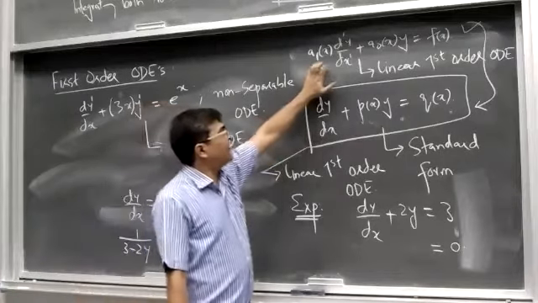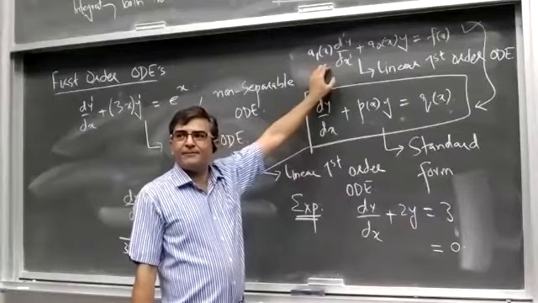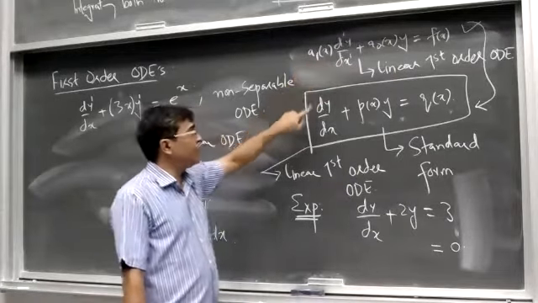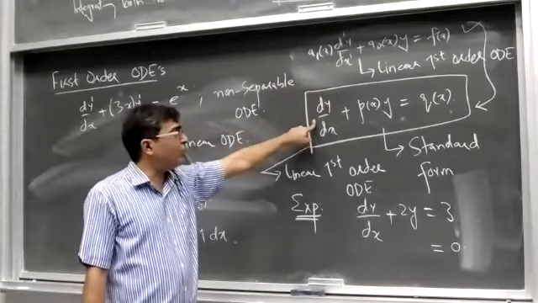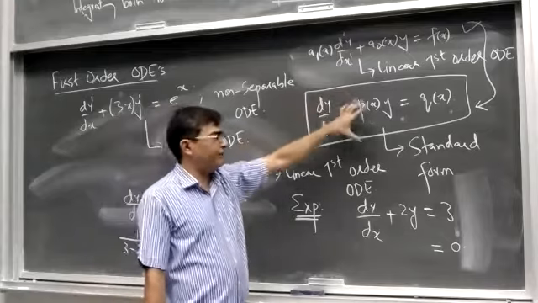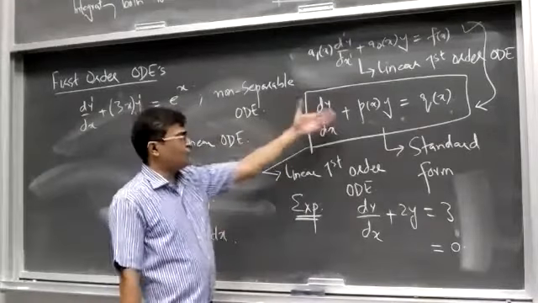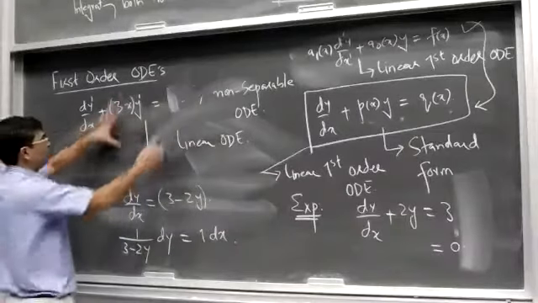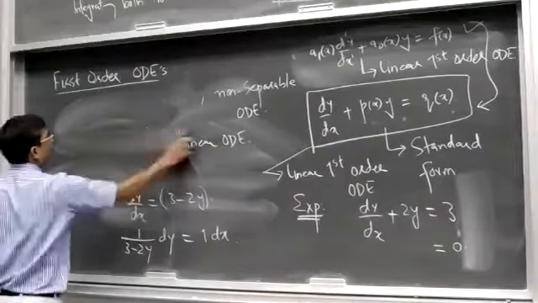In this form we cannot solve it. First you have to convert this equation into the standard form of the linear first order differential equation, and then we'll try to solve it. Now let us discuss how to solve it. Later on we'll solve this equation, or similar kinds of equations.